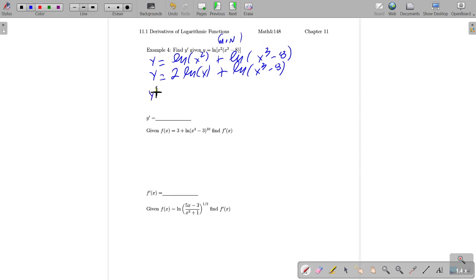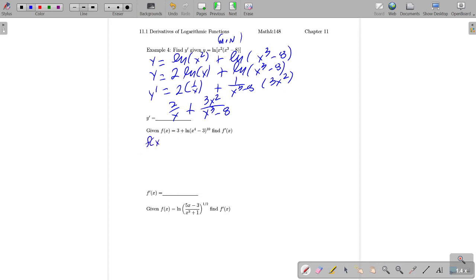Now to take the derivative, I have the 2, 1 over x, and chain rule is just 1, plus 1 over x cubed minus 8 times 3x squared. So that's 2 over x plus 3x squared over x cubed minus 8. So let's take a look at this next one here.